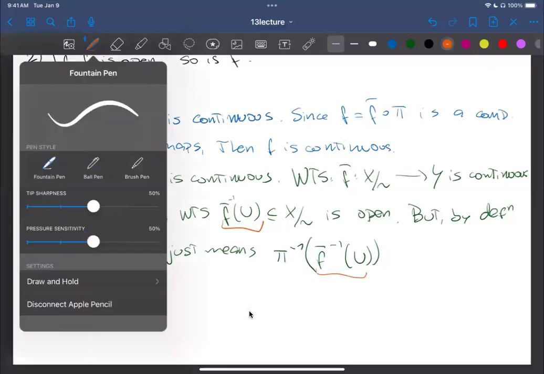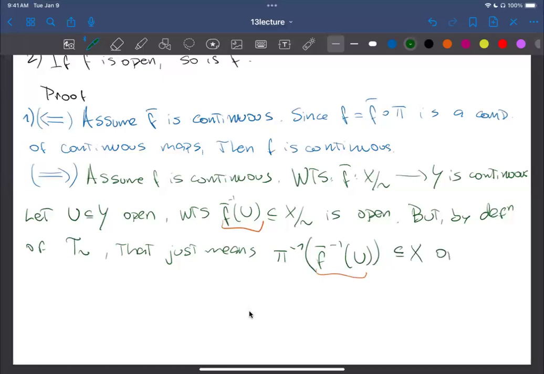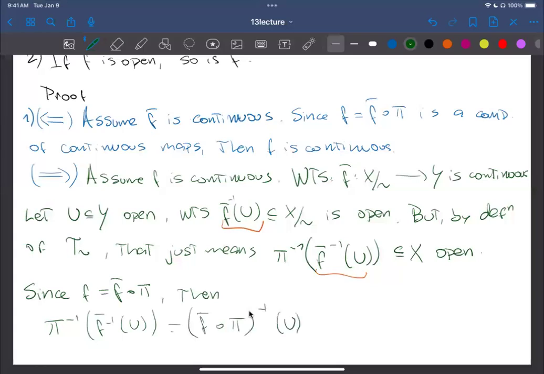We want this to be open in X. But this is good news, since f is f bar composed with phi, then the preimage of the preimage is the same as the preimage of the composition, but in the other direction. But the composition is just f. So this is the preimage under f.